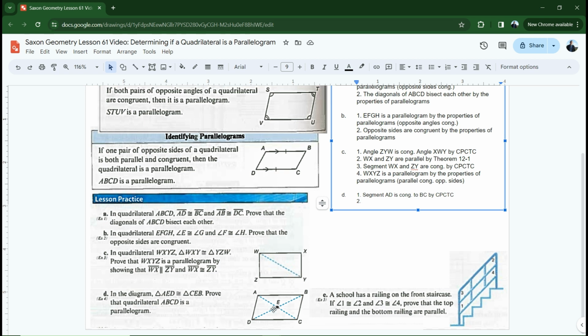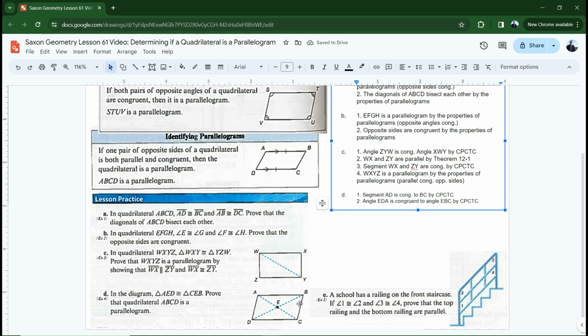What I do see is I can state that angle EDA is congruent to angle EBC. This angle here is congruent to this angle. And by the way, that's by CPCTC, because these are corresponding parts of congruent triangles.